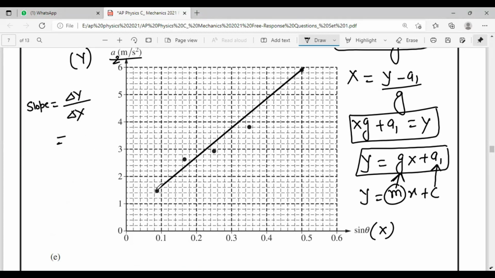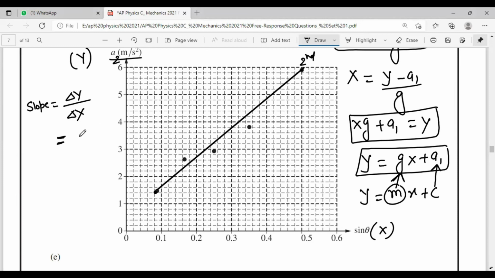Let us take two points. Any two easy points we can take. We may take first of all this point. So y2 minus y1 upon x2 minus x1. So this is our second point, and let us take another first point, this point, right?